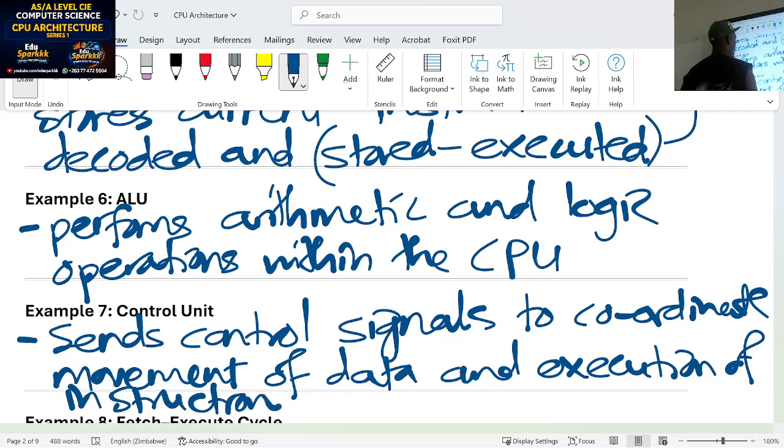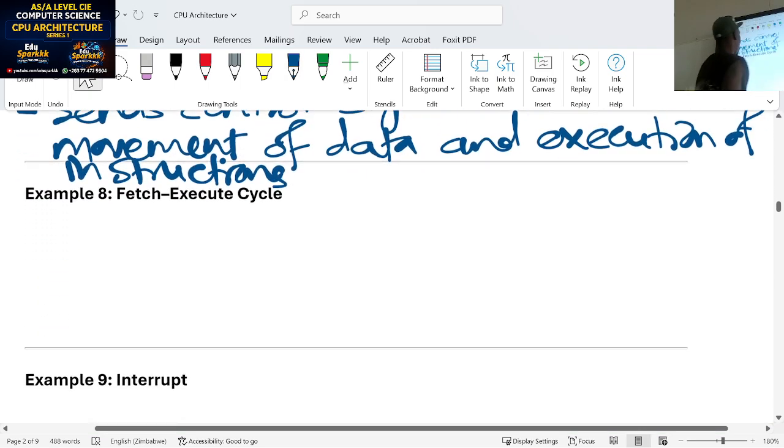So all this is done by the control unit.